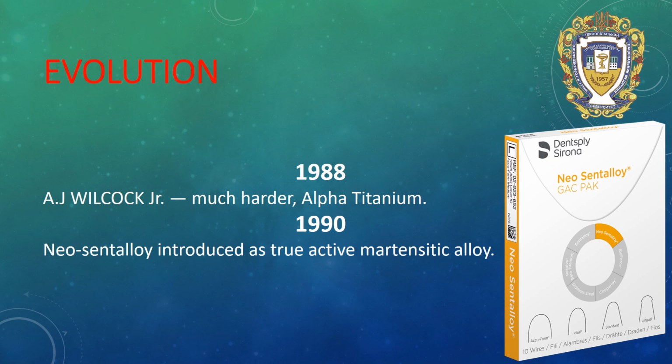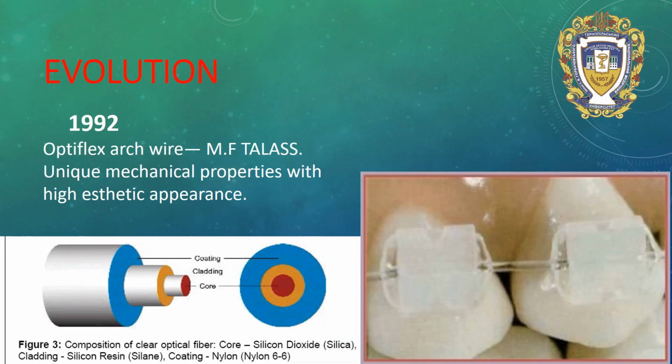Wilcock, 1988, much harder alpha titanium. 1990, Neo Sentalloy introduced as a true active martensitic alloy. 1992, OptiFlex archwire was proposed by scientist Talass. It has unique mechanical properties with high aesthetic appearance.